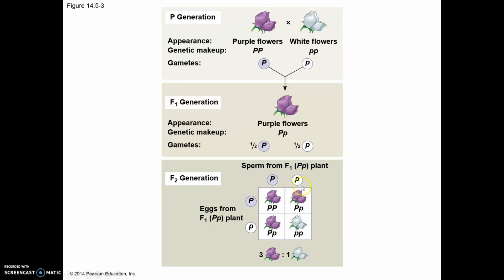Consequently, you could have the father giving you little p and the mom giving you big P or little p. In this case, 3 out of the 4 of these are purple because they have one copy of the functional gene. One copy here, or 1 out of these 4, will actually be white because it contains both little p's or both non-functional versions of the enzymes.